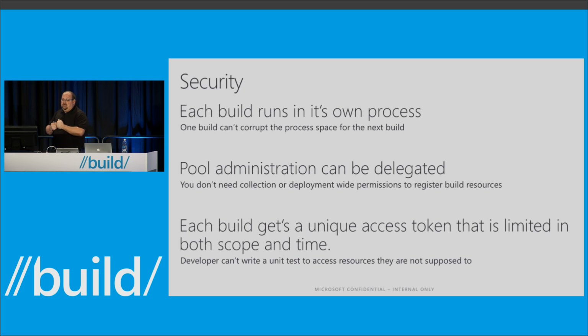And we've seen that internally in our own usage. And then, of course, I mentioned the pool administration delegation. And then each build also gets its own unique access token that's time limited. So the build starts up, we create a connection back to the server for writing logs and drops and things like that back up. That is only held within that worker process. That's not available as an environment variable.